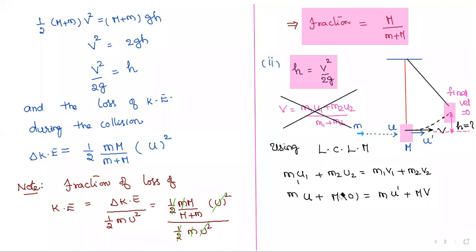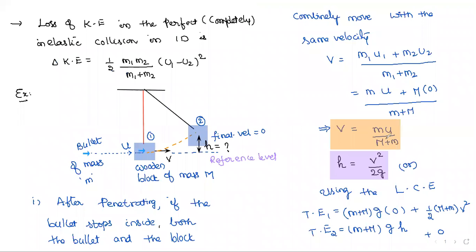So you see here whether you are getting the same formula or not. Check. This becomes 0. It is mu, and taking this one to the other side, mu minus mu dash equals capital M into V. In this case, V is equal to, taking small m common, m into (U minus U dash) divided by capital M. Look there. Did you get the same formula here and there?